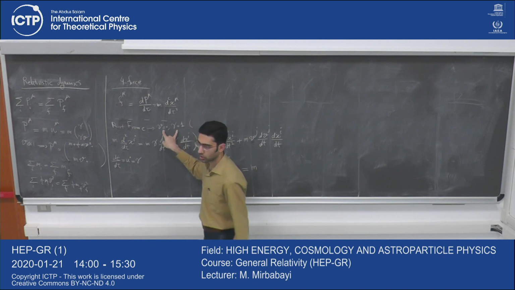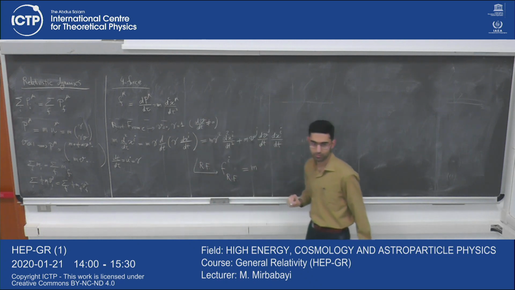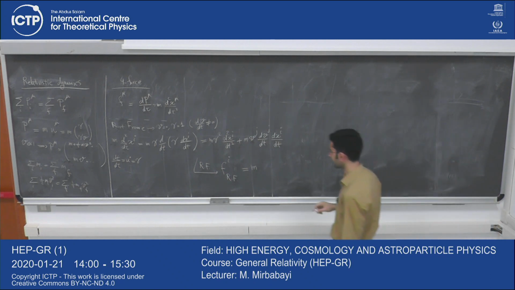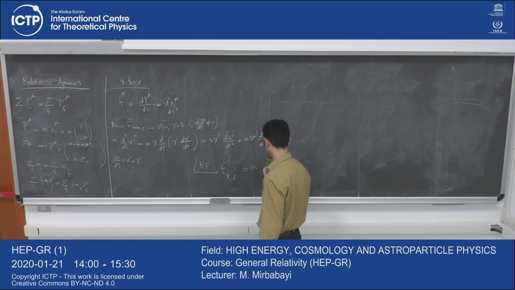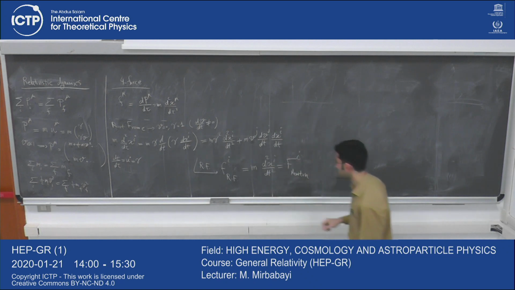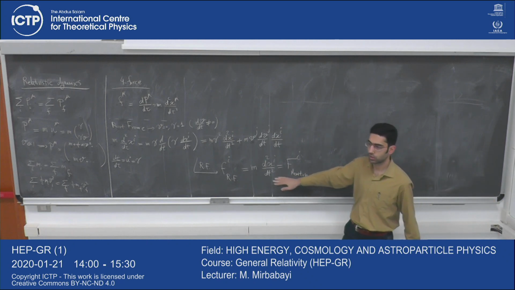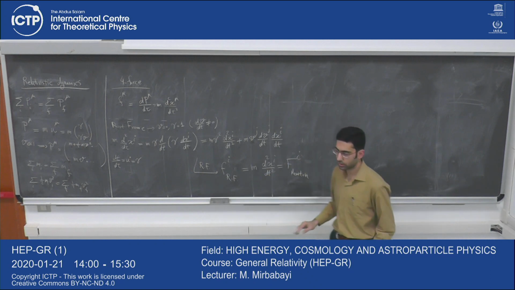Notice that this does not mean that dv/dt is 0. That can be non-zero in general. Okay, so what we get is the usual expression for the Newtonian force. So this quantity that we call the force indeed reduces to the Newtonian force if we look at its spatial components.